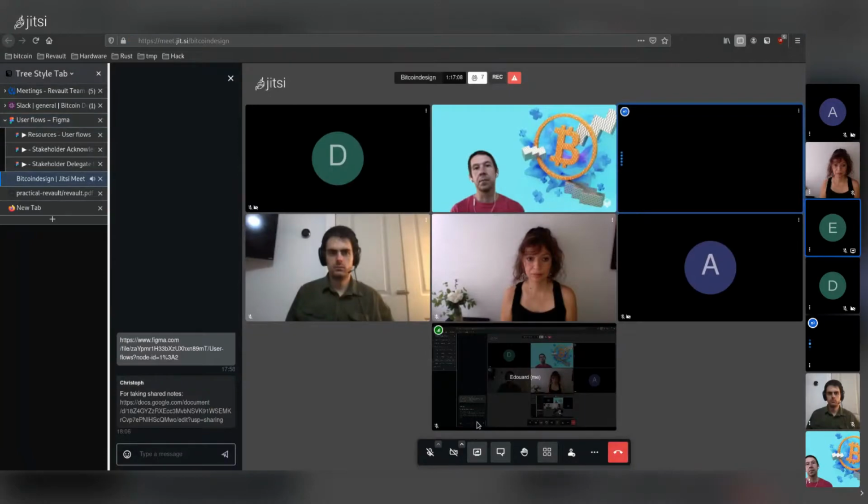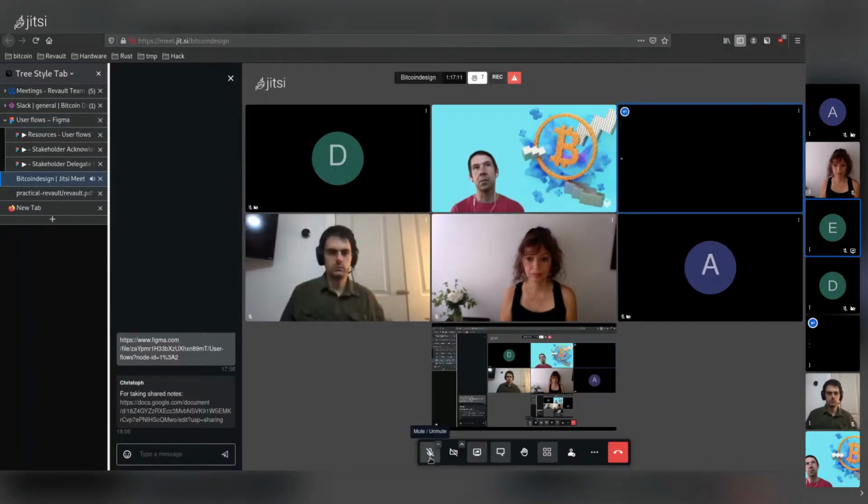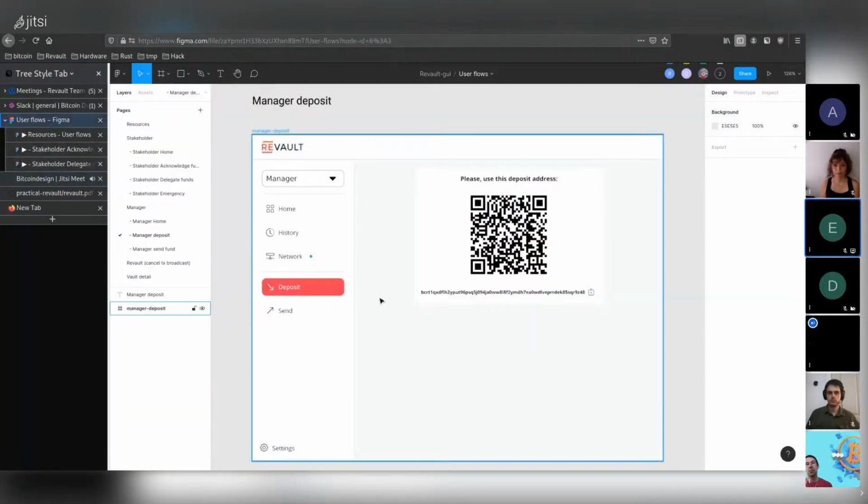I'm not sure if that's technically feasible, but from a design or user perspective, I would imagine that if I'm a manager, I shouldn't really have to top up my own fees. That should be somehow predetermined from a small pot somewhere that this whole Revault setup can make use of. It's almost like you fill up the car with gas to just pay those small amounts.